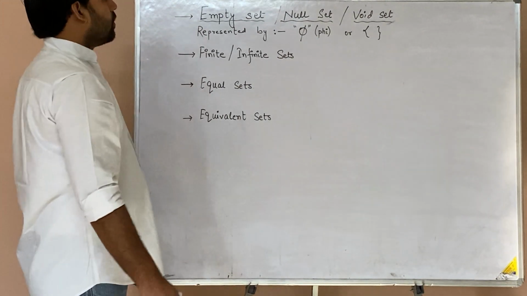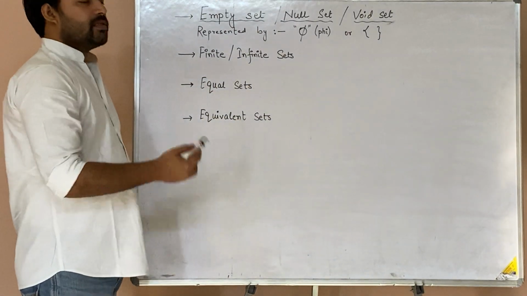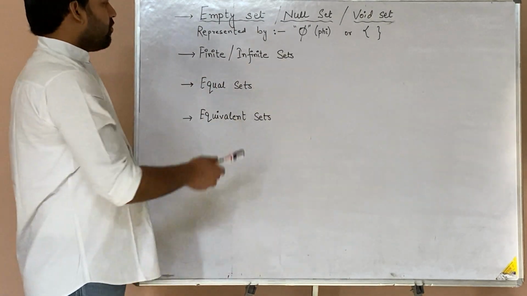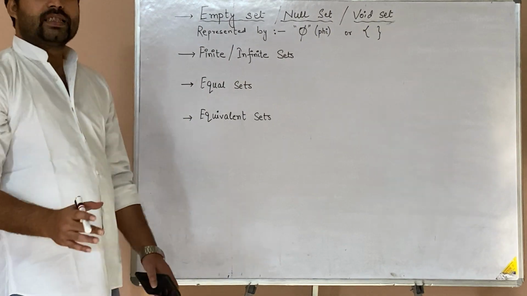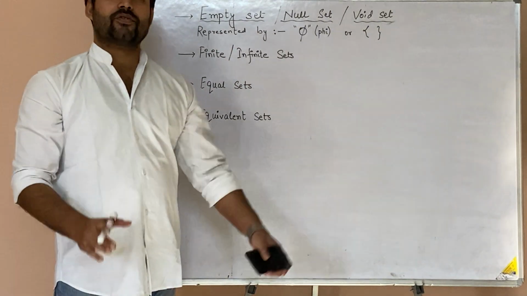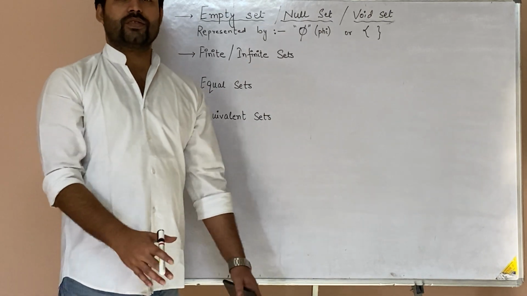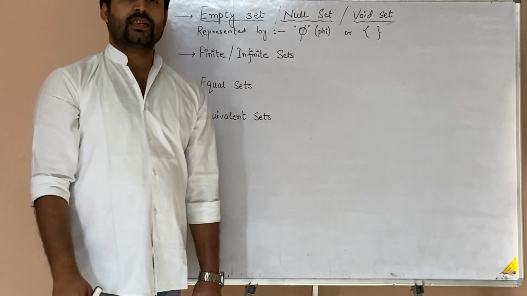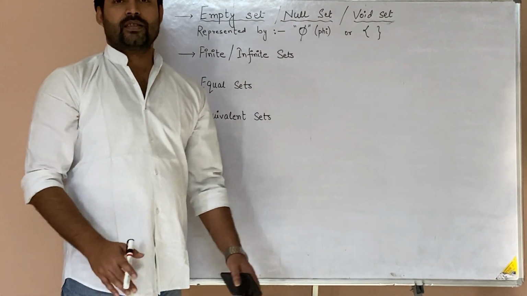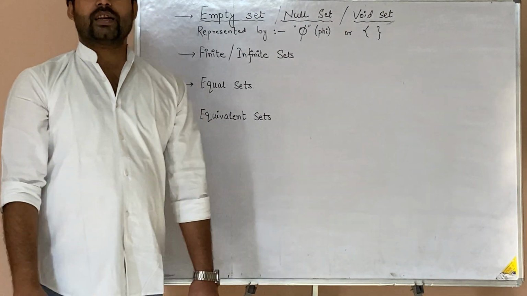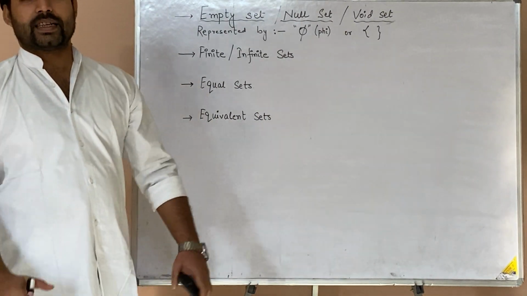Clear? Now there are finite and infinite sets. As the name suggests, finite sets have a finite number of elements, like the sets we have seen till now. Most of them were finite sets, meaning they have an end. They will end somewhere. There are not infinite elements inside them.